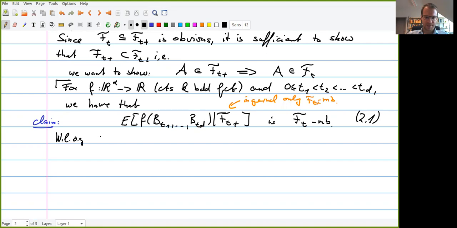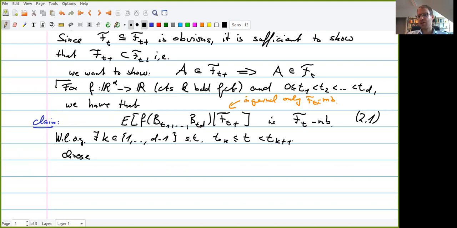How do we prove this? Without loss of generality, we might assume that there is a constant k, between 1 and d minus 1, such that t is somewhere in between t_k and t_{k+1}.